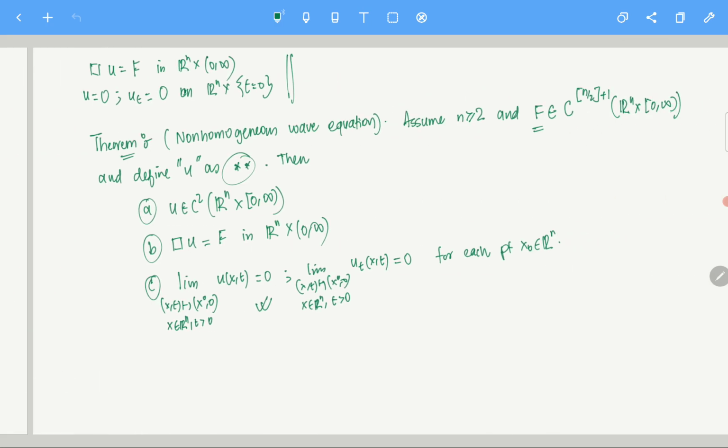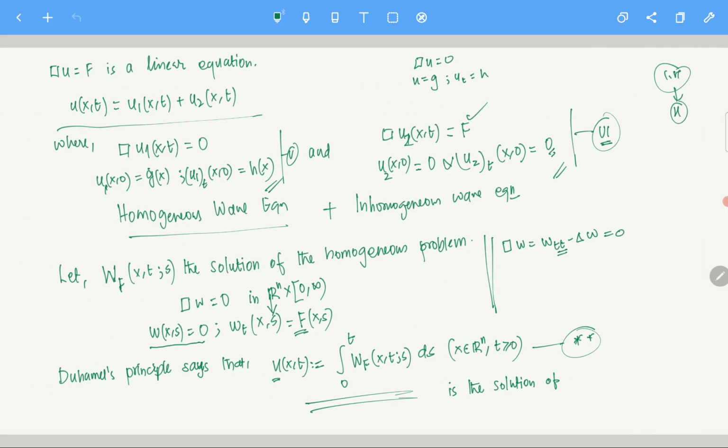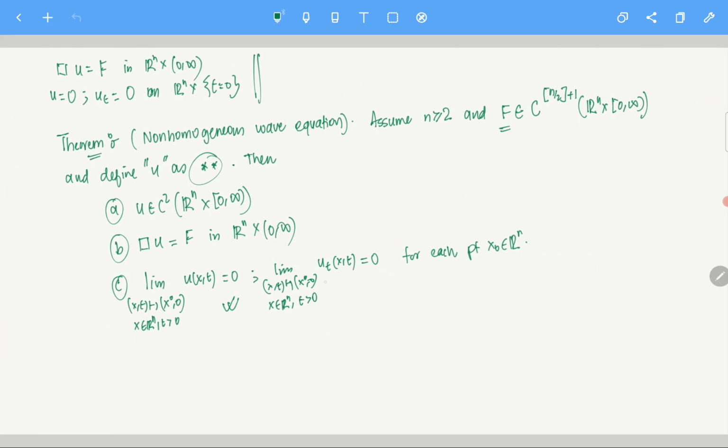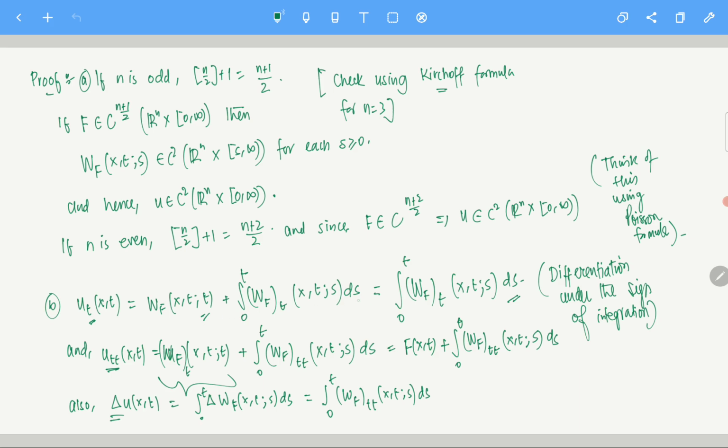At t equal to 0, as t approaches 0, this integral becomes an integral from 0 to 0, which is 0, and the same holds for u_t also. So u_t is given by this. As t tends to 0, this goes to 0. There is nothing else to prove. I am leaving it to you, so please do it yourself.